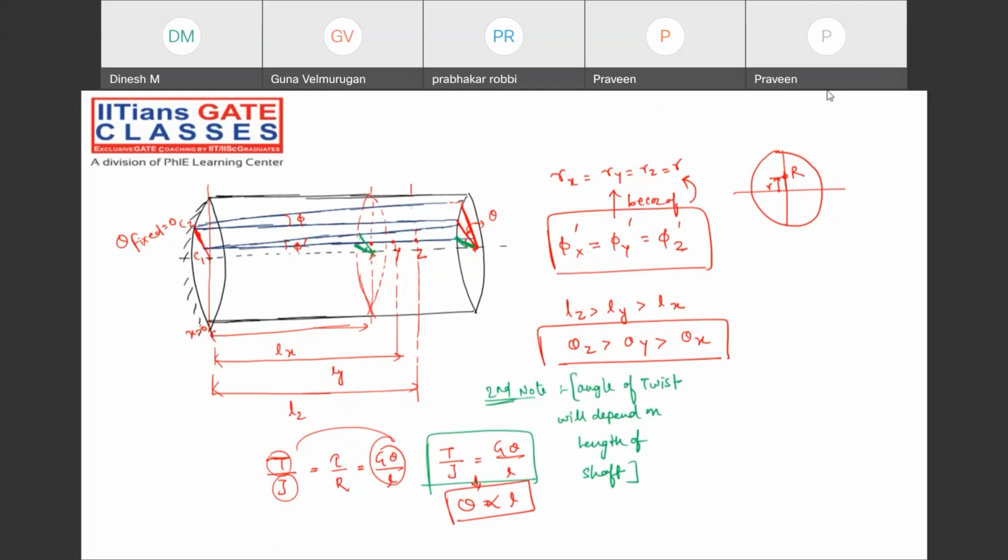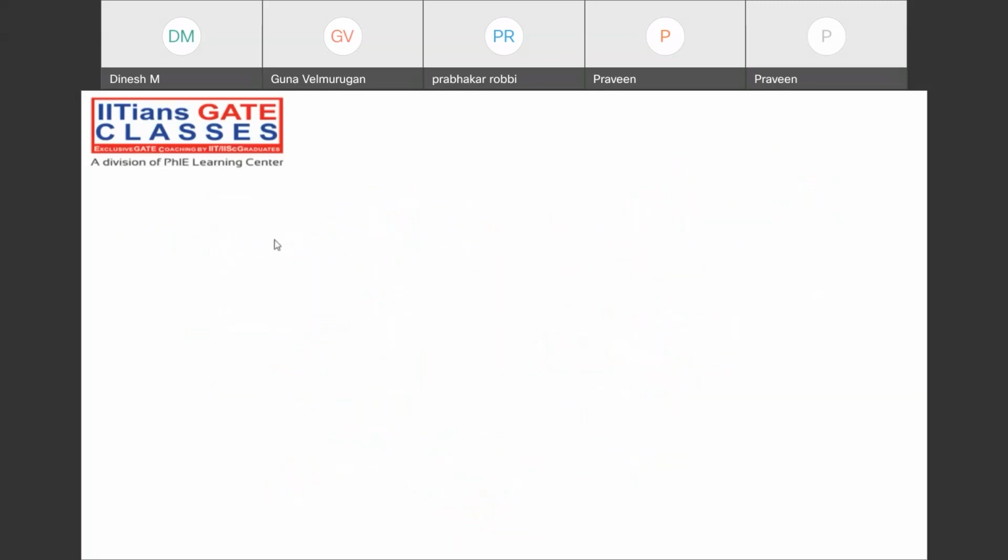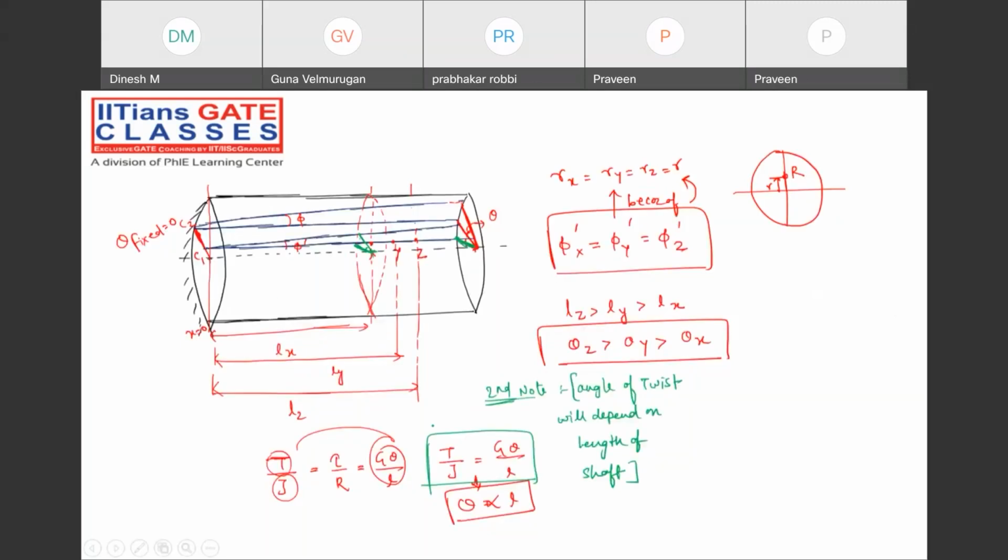That thing I can clarify with more figures. I know that some of you cannot digest it. You are able to digest it with respect to this particular formula, but with the figure, it is very complicated. So let me show that.